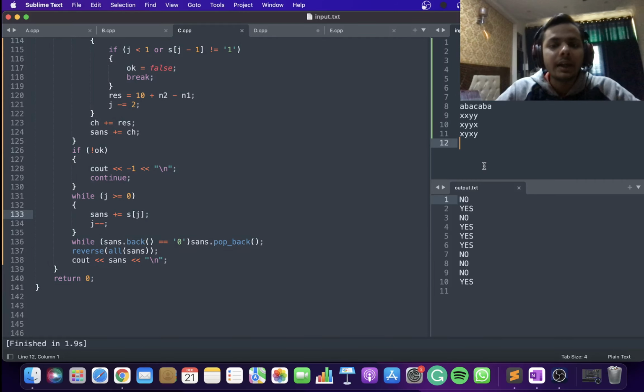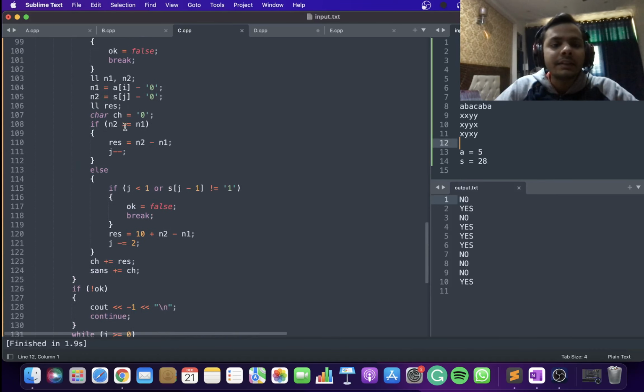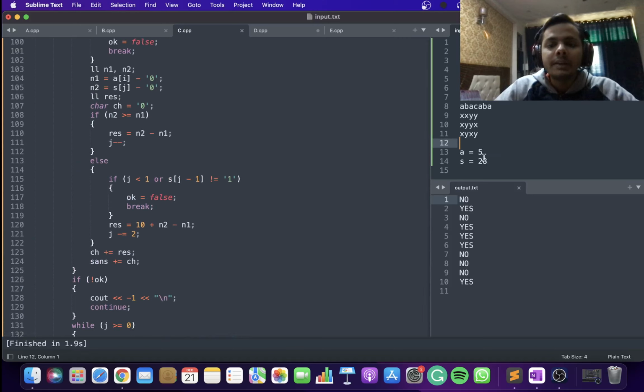And that's about it. An example of this situation can arise like this. So if my a is like 5, and let's say my s is 28. In this situation, what happens is that my i is pointing to 5 and my j is pointing to 8. I realize that n2 is greater than or equal to n1. So I simply append 3 to my answer, and then my i becomes less than 0.